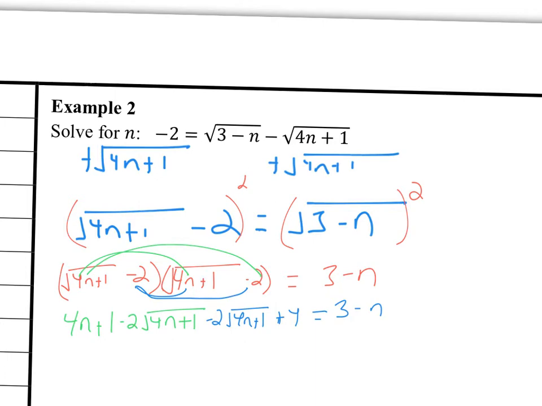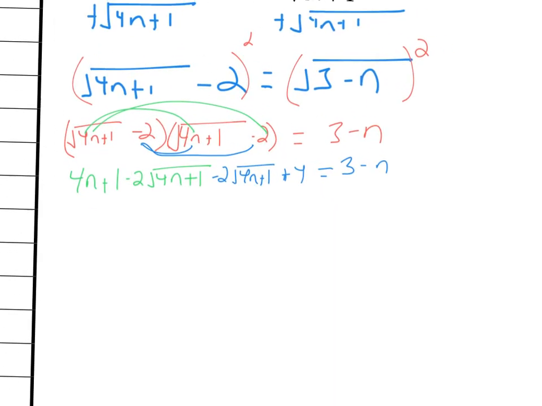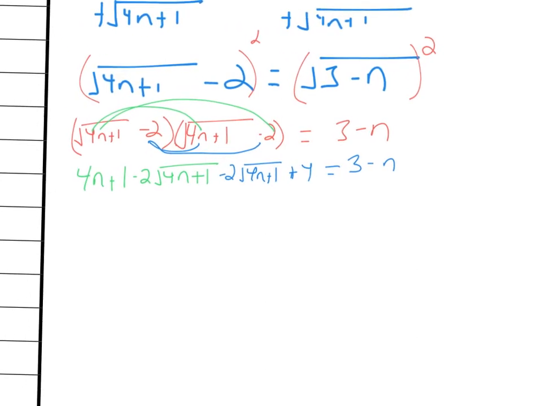Okay. From there, I'm going to clean it up a little bit. So I see that I have a negative 2 square root 4n plus 1 and another negative 2 square root 4n plus 1, which is like adding a negative 2x plus a negative 2x. That would be negative 4x. So I'm just going to write negative 4 of that whole square root 4n plus 1.